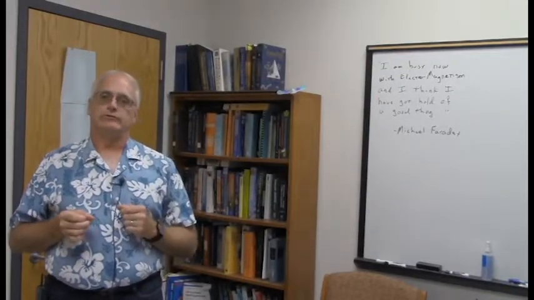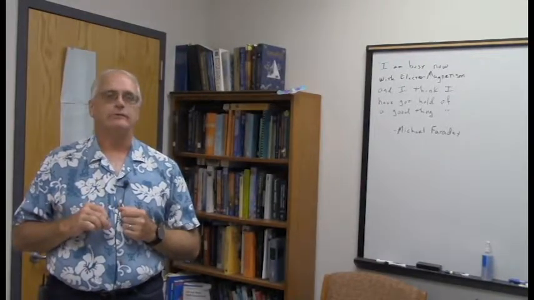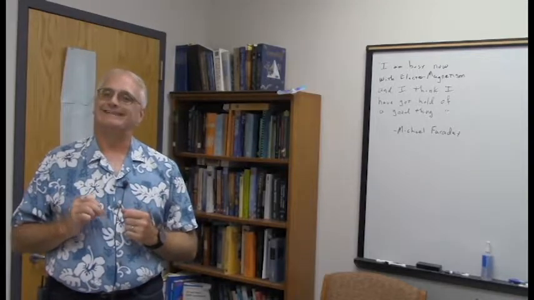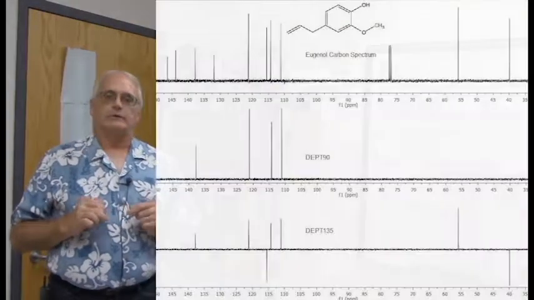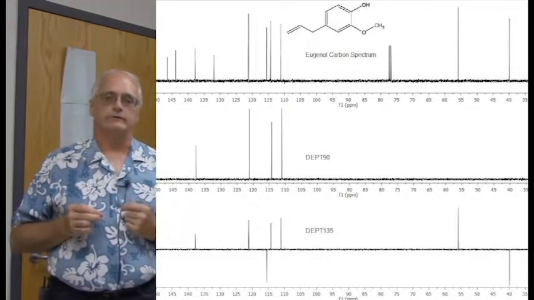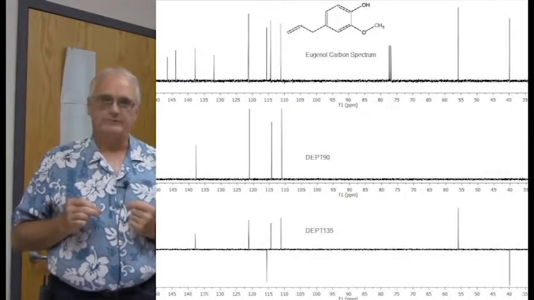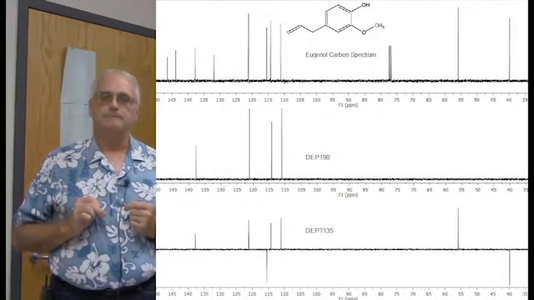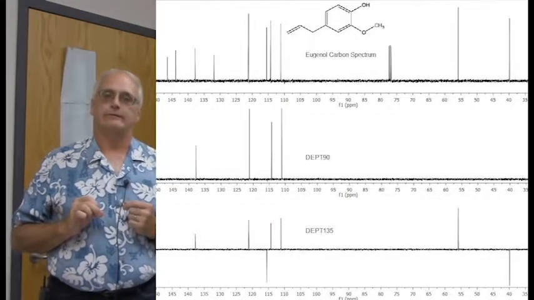Now we use our usual DEPT and HSQC spectra to start trying to untangle this one. The DEPT spectra show everything we would expect to see, again focusing on the alkene region. There's our dear friend right at 115, the terminal alkene once again, shows up very nicely here in the DEPT spectra.